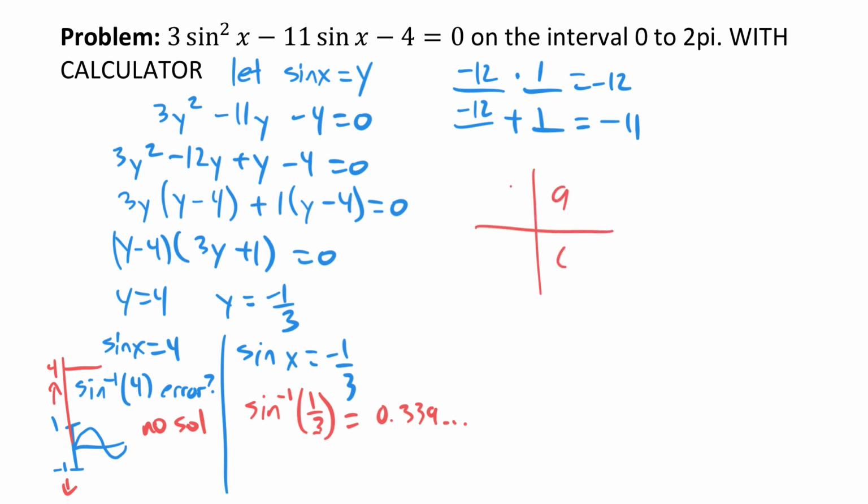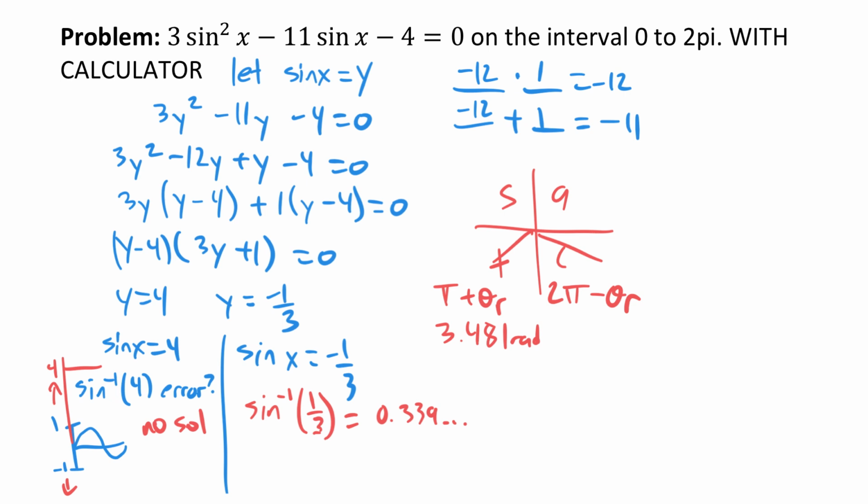Pop over here for our cast rule, looking for negative values for sine, pi plus reference angle, 2 pi minus reference angle. So pi plus answer, that'll be 3.481.